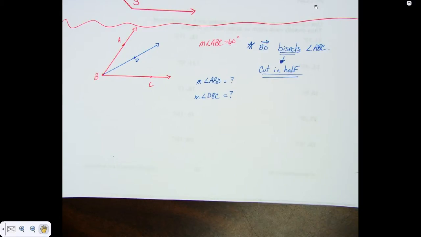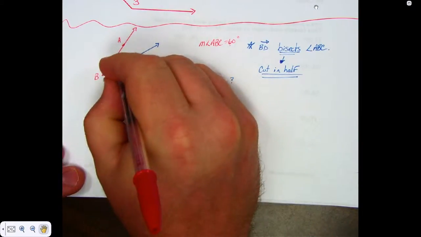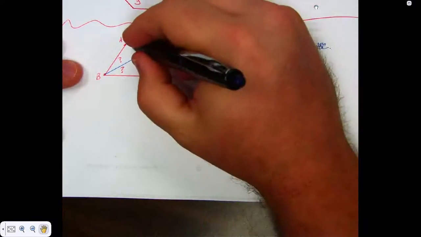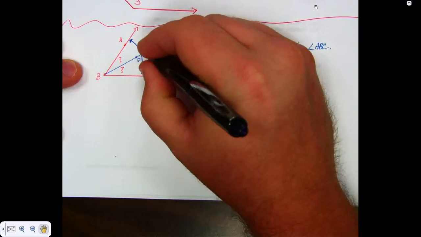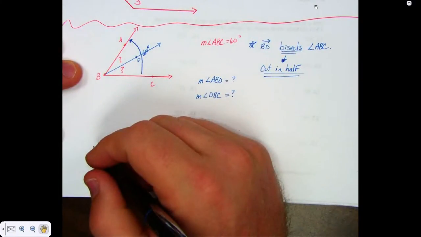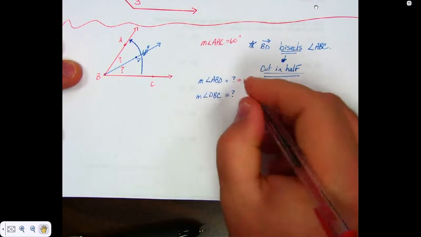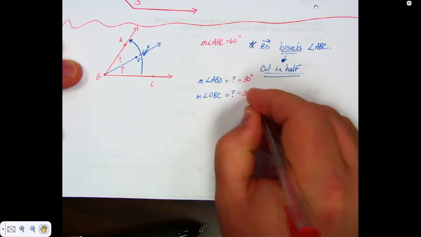What do you think? Bisects means to what? So what am I wanting to know the measures of? This angle right here and this angle right here. The measure of the entire angle is what? 60 degrees. What did I say this ray does? Cuts in half. Bisects. So what's left for each of these to be? 30. There's only one way to split up 60 evenly. 30 degrees and 30 degrees.